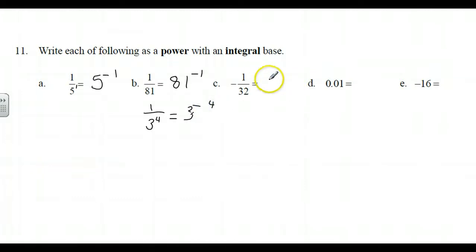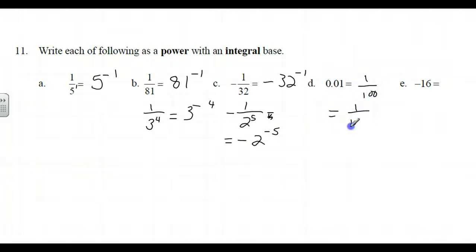This is the negative of 32 to the negative 1. We also could have written 32 as 2 to the 5th. So let's just do this down here. So it's negative 2 to the negative 5. 0.01 is 1 over 100, which is 1 over 10 squared, which is 10 to the negative 2.